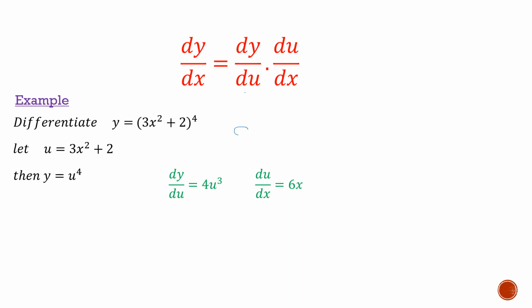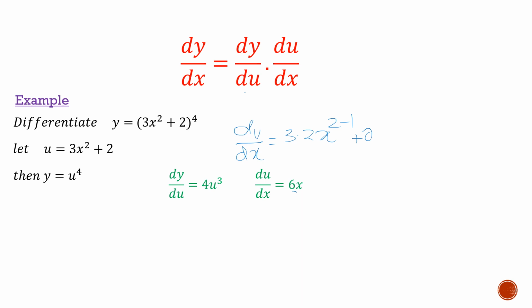So du over dx is equal to 3 times 2, so this power 2 will get multiplied by 3 times x to the power 2 minus 1 plus 0. This will come out as 6x to the power 1. x to the power 2 minus 1 is nothing but x.